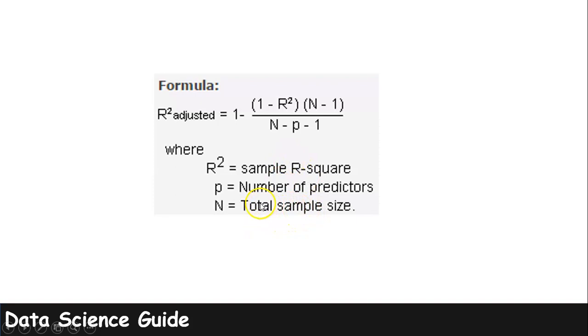So simply after we find R squared, we put it in this formula with the number of predictors and the total sample size, and finally we'll come up with the adjusted R squared. And usually if we want to evaluate the prediction power of a regression model, it is better to look at the adjusted R squared because it gives a better indication than R squared.